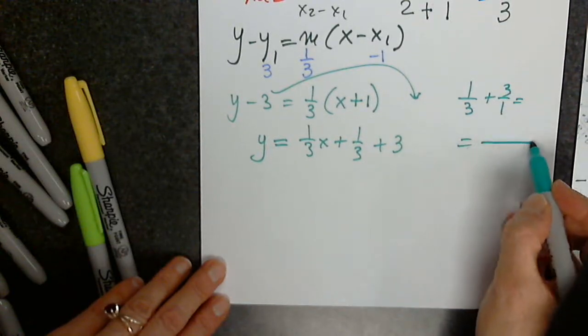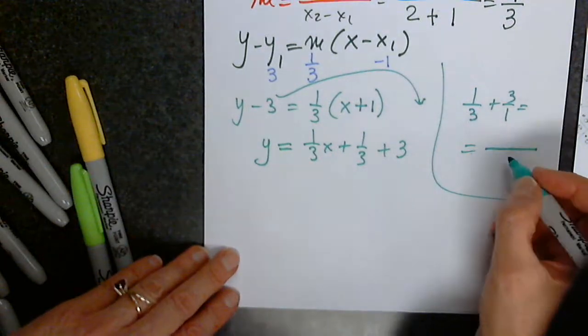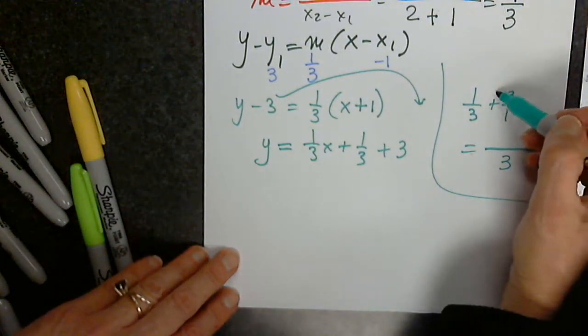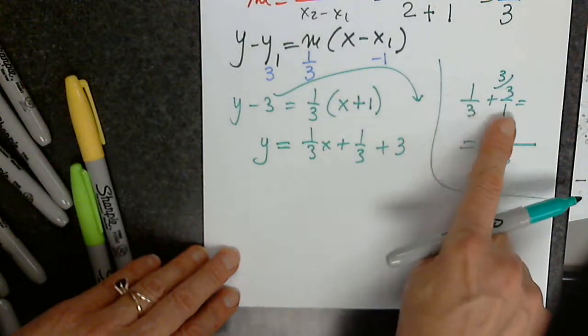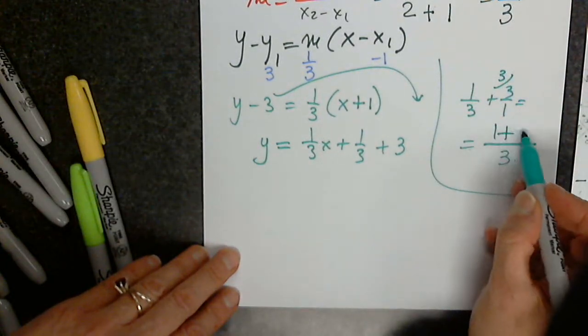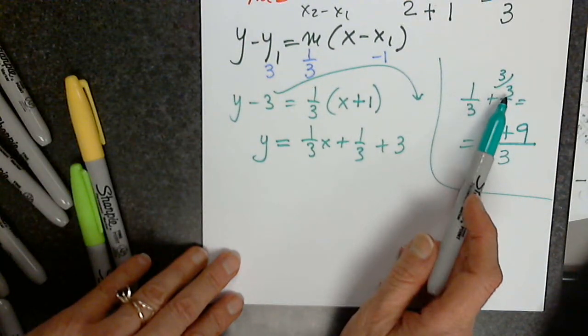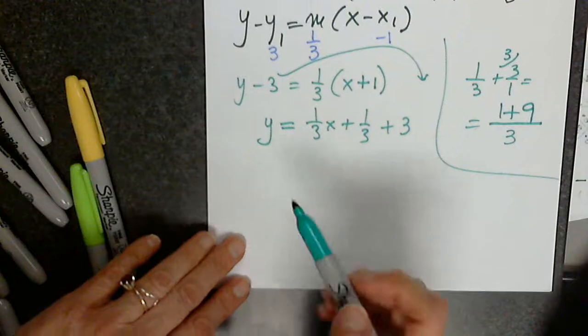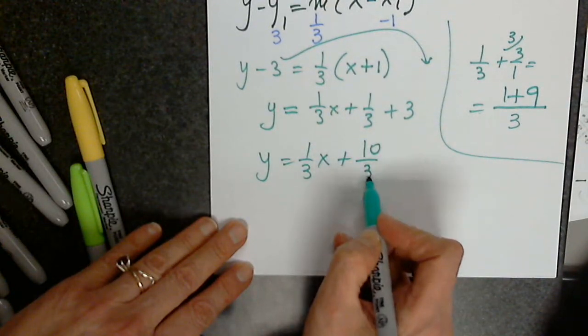What is the least common denominator? I'm doing this on the side. 3. Good. What does this need? 3. Yes. So it's 1 plus 9, 10. 10 over 3. So y equals 1/3 x plus 10/3.